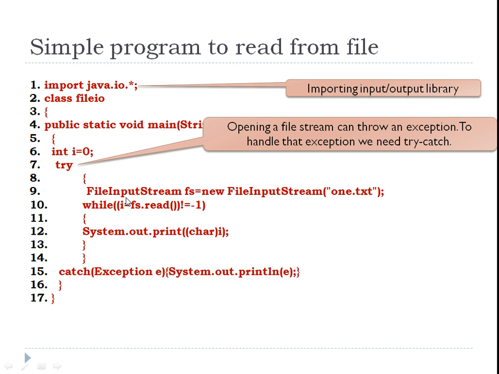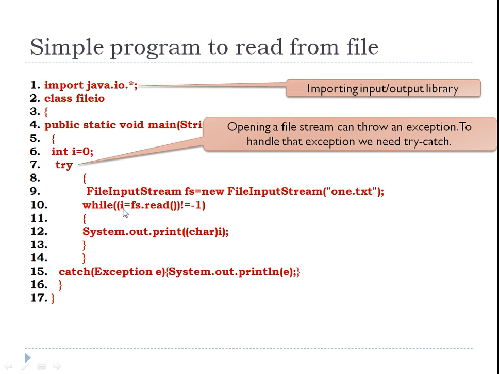And this is our code. We are creating a connection, FileInputStream fs = new FileInputStream("1.txt"), and then we have taken one integer variable, because this read method will read a byte, and that byte we are storing in an integer variable.